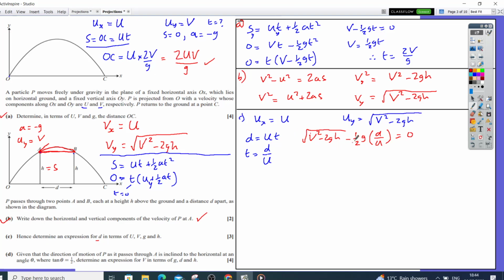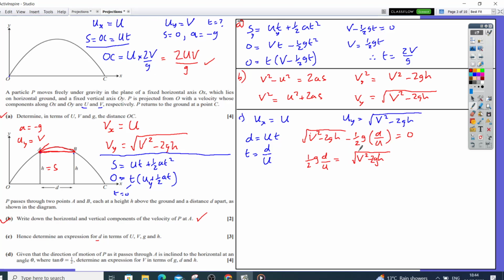So if I rearrange this and put that on the other side, you know that half g d all over u is going to equal the square root of v squared minus 2gh.